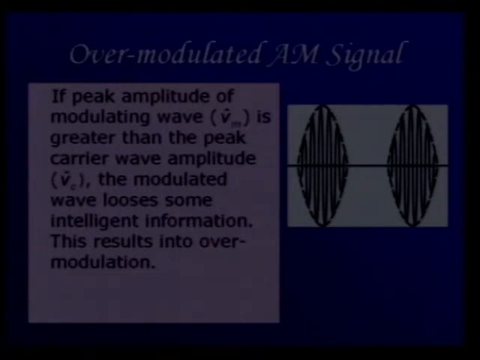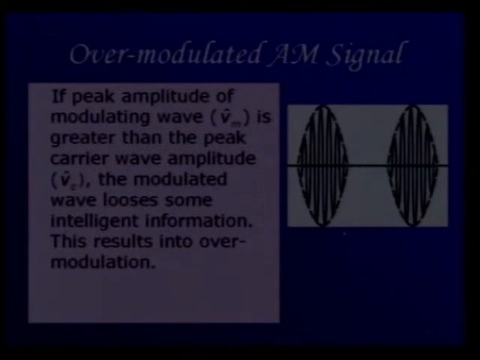Now in this case I have shown you another extreme where the modulating peak amplitude is higher or greater than the carrier wave amplitude. In such a case we have what is called over modulation. Here the envelope gets truncated in this particular signal, so we are losing the signal in between.